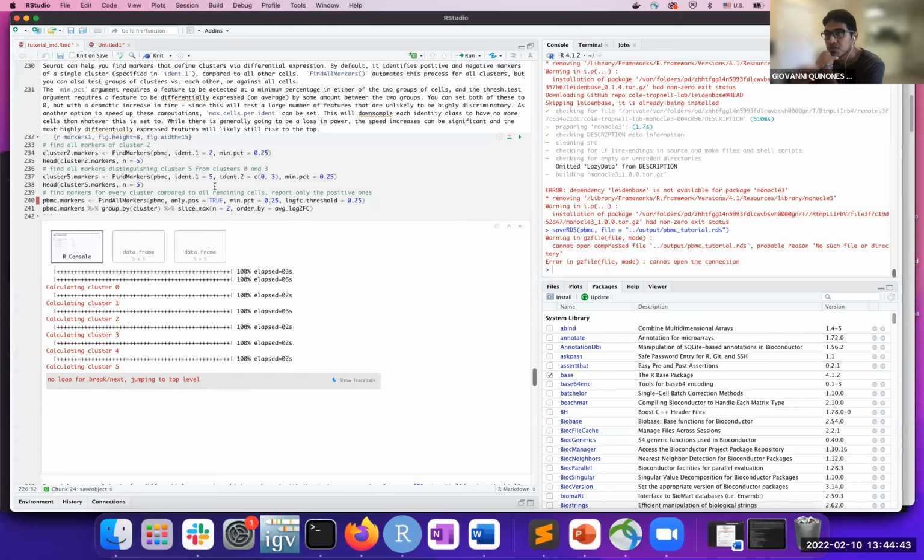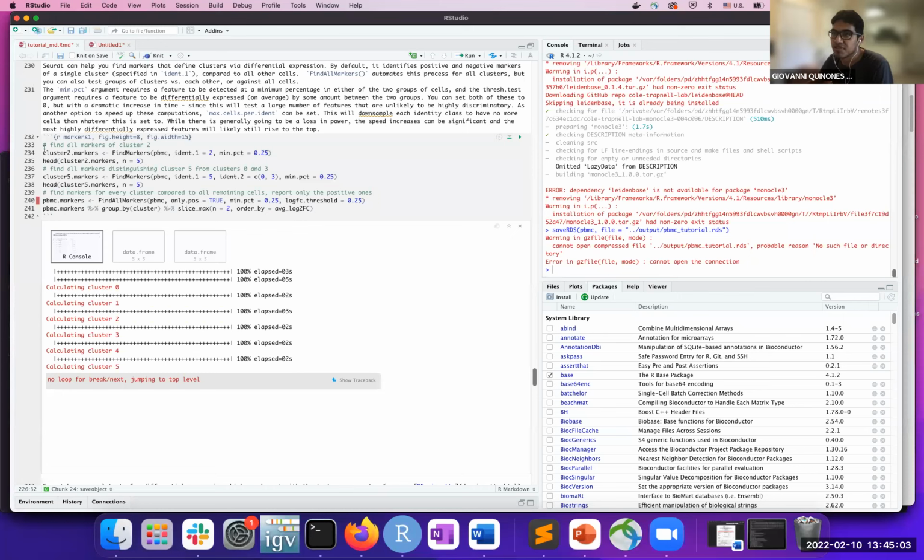So let's move on to this cell over here in line 232. The first few lines is really just finding marker genes for individual clusters.